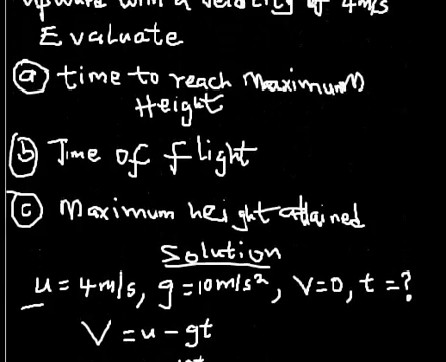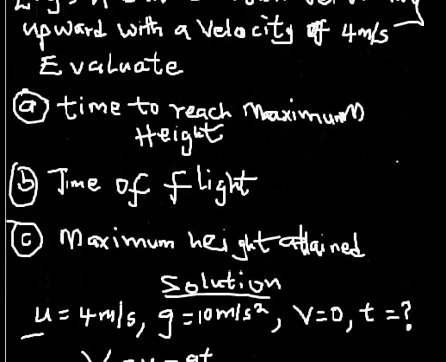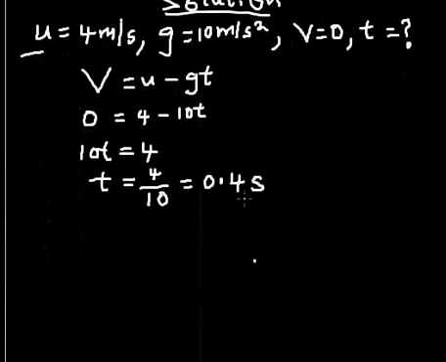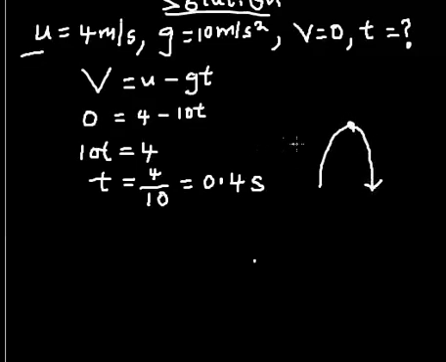That's number one question. The second question is time of flight. How do we get time of flight? Now remember, this object doesn't reach the maximum height and remain there. It will still have to come down. So the time, small letter t, is the time to reach the maximum height. At the same time, it will move from the maximum height within that same interval of time, back down. So the time of flight, this is the B part of the question, right?